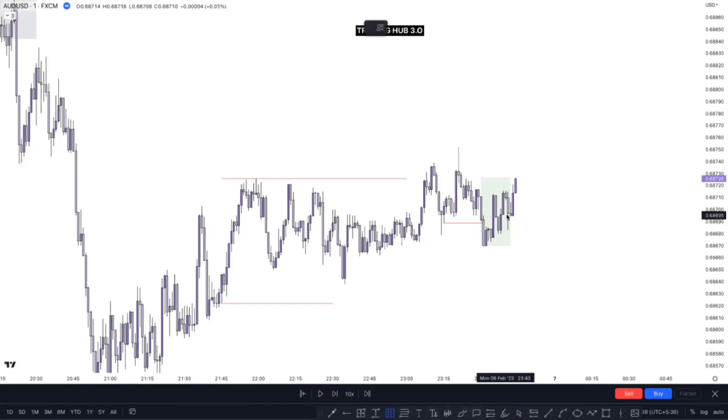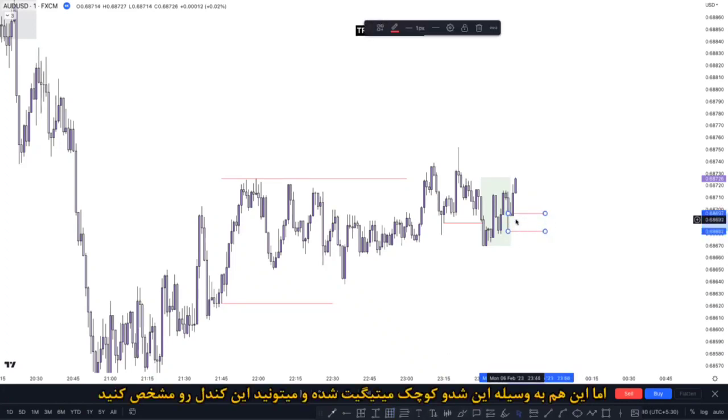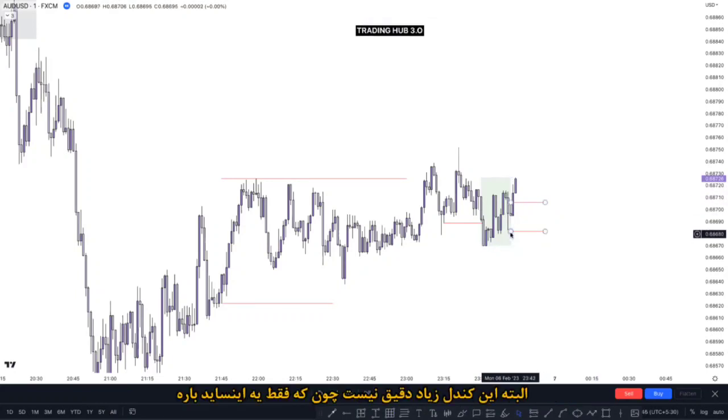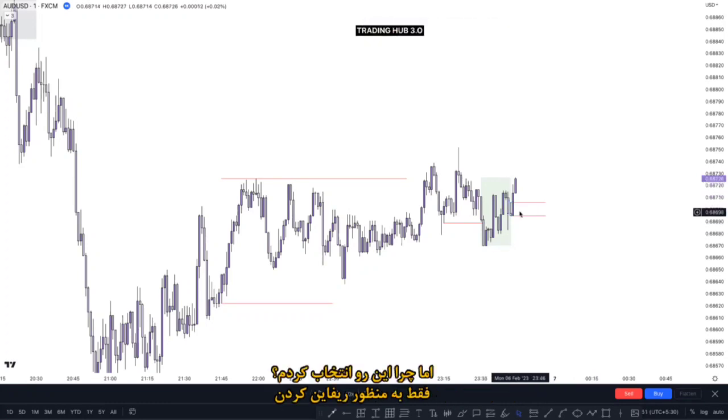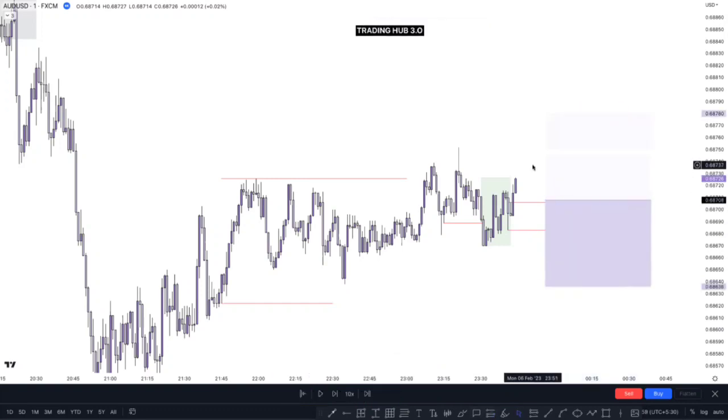This one, but this one is also mitigated by this one small shadow, so you can do this one. And this is not an actual order block, because this is just an inside bar. But why am I taking this one? Just for a refinement purpose here.